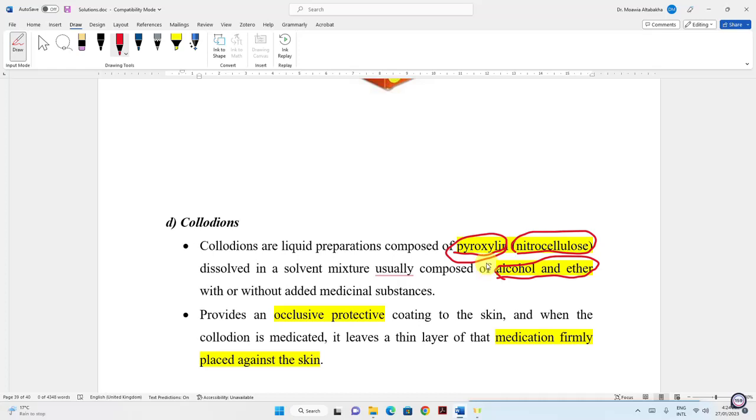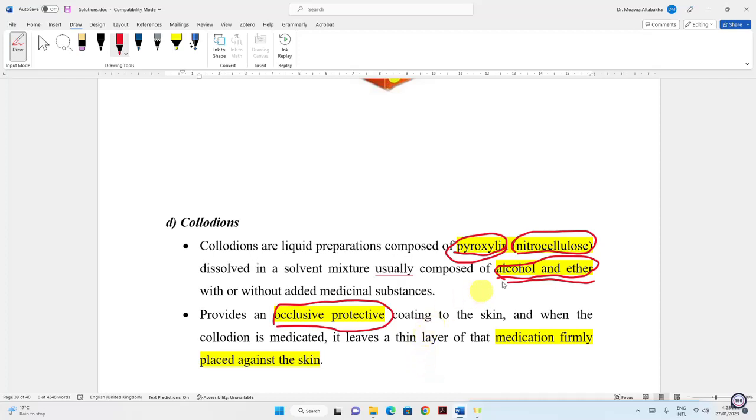What happens when you do that? When you apply it to the affected area, the vehicle will evaporate, leaving a film of pyroxylene that will cause an occlusive protective coating. A film that will protect that area from the external environment like humidity, sun, etc. It's a kind of protection.